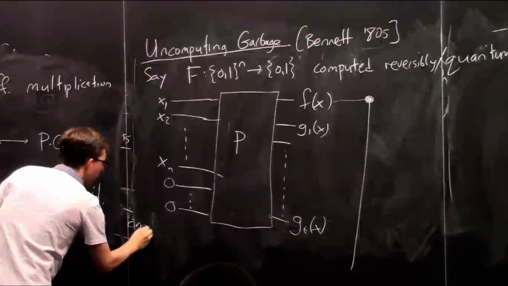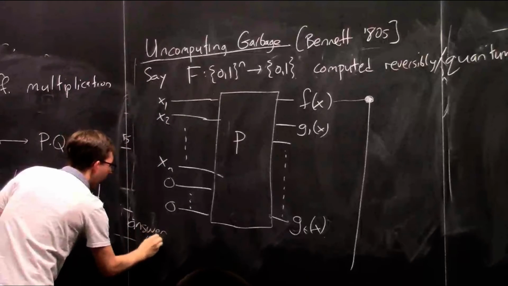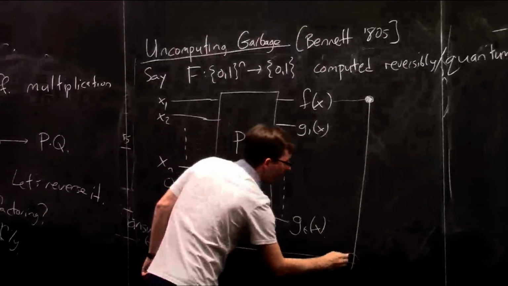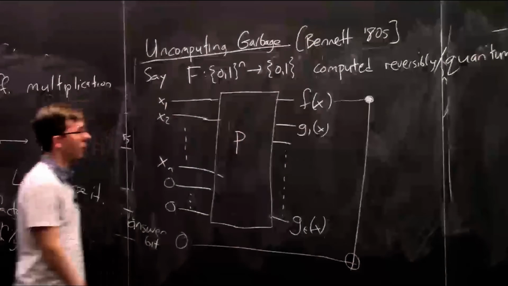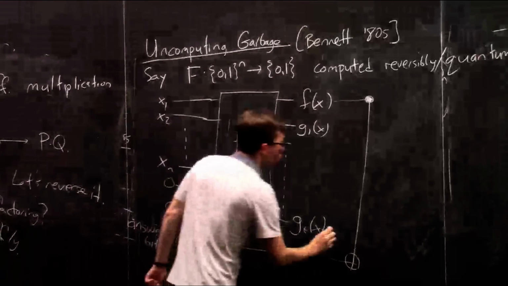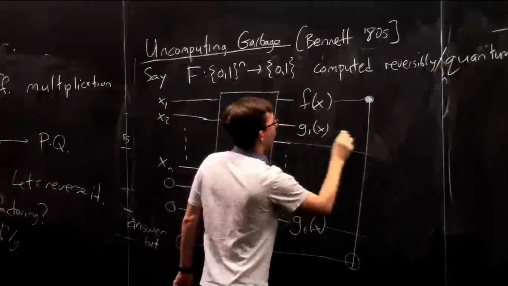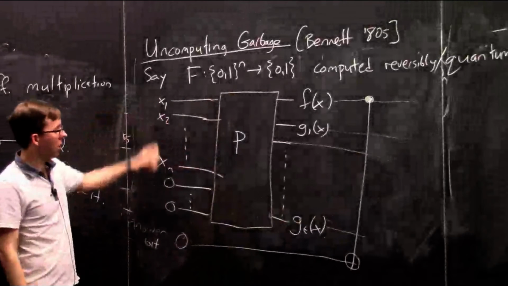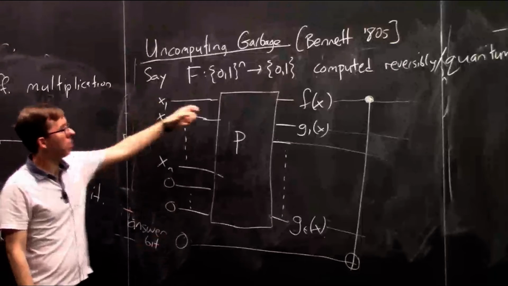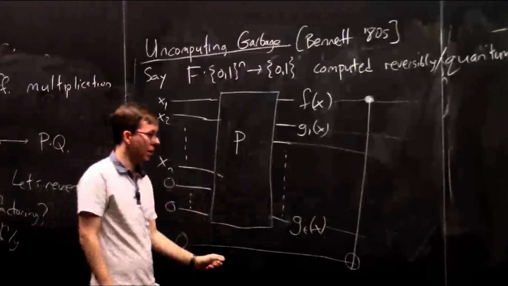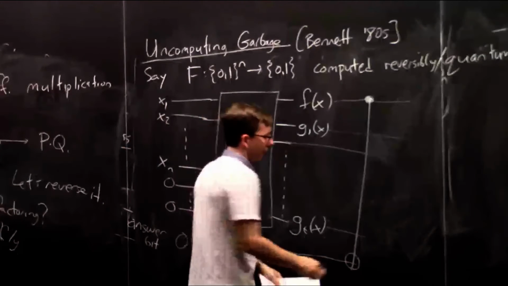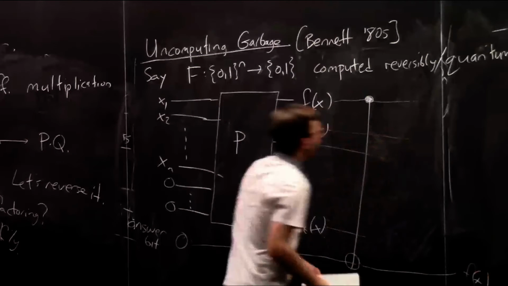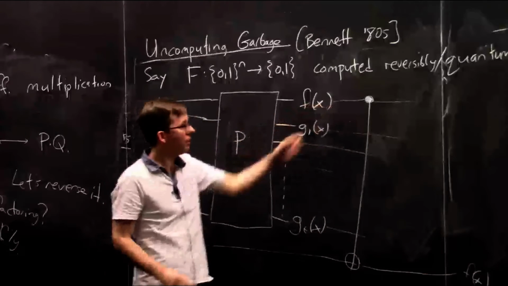You prepare a new bit, which I'll call the answer bit, initialize it to 0, and CNOT like this. This saves the bit down here. If the output bit is a 0, this stays a 0. If the output bit is a 1, you flip this thing, and this becomes a 1. This is f of x. And this actually doesn't change.